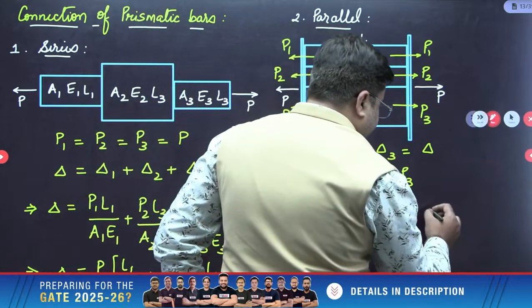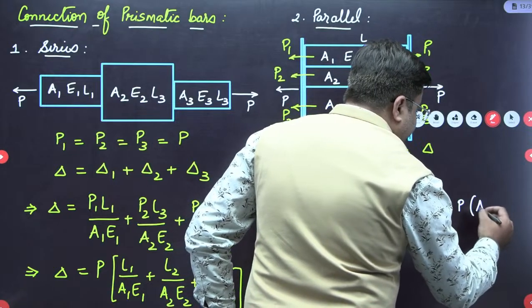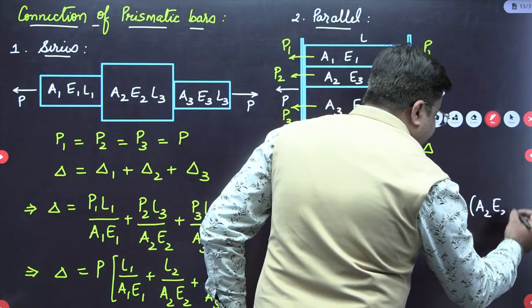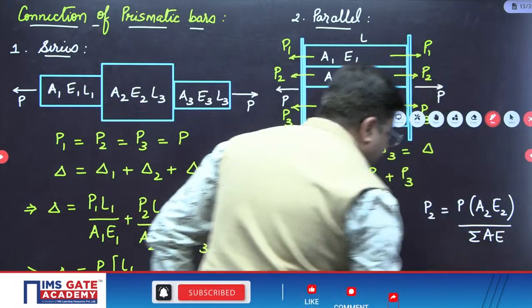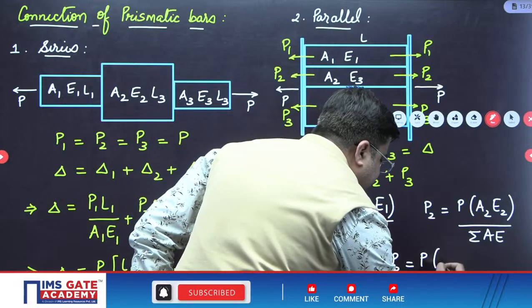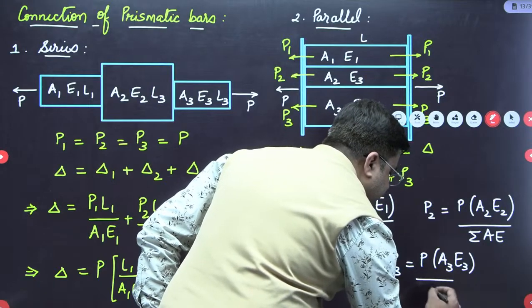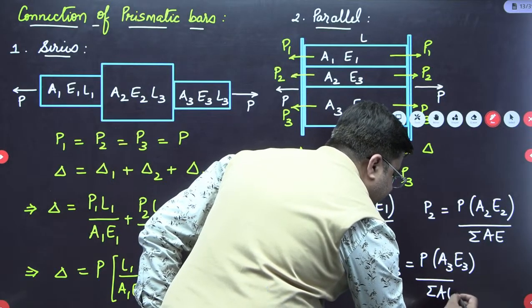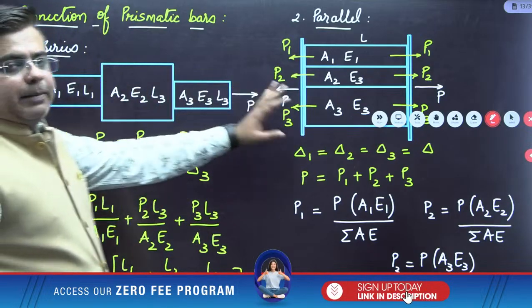Similarly, P2 is equal to P into A2 E2 divided by the sum of all the axial rigidity AE. Similarly, P3 is equal to P into A3 E3 divided by the sum of all the axial rigidity AE, right? So like this, you should remember how to deal with series and parallel connections.